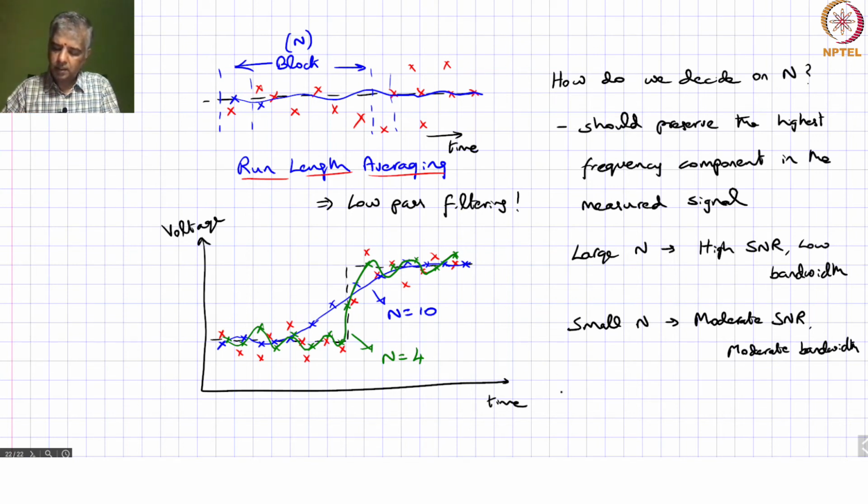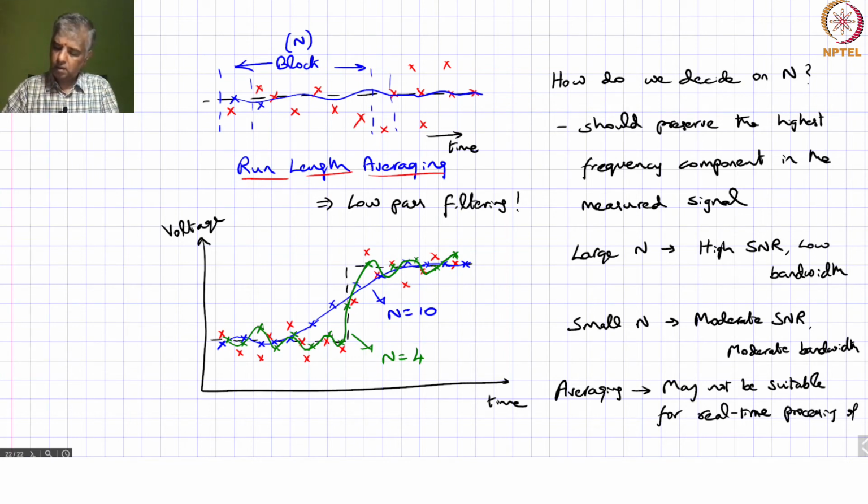So, averaging overall may not be suitable for applications where you need real time processing of fast varying signals, okay.